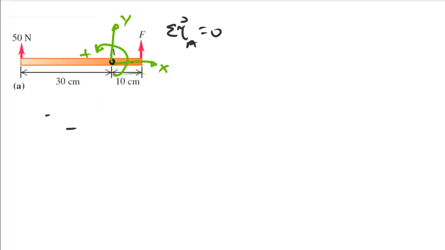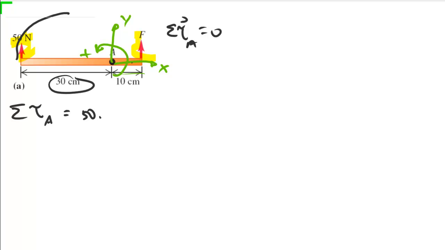So we have two torques produced about point A: the torque produced by the 50 Newton force, and the torque produced by F. Summing the torques about point A, let's take the 50 newtons first: 50 newtons times 0.3 meters.